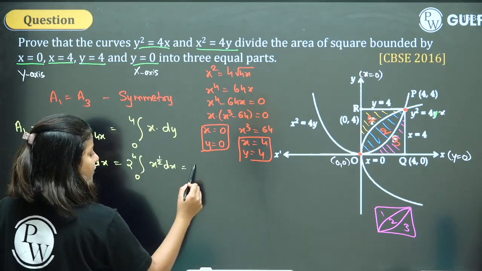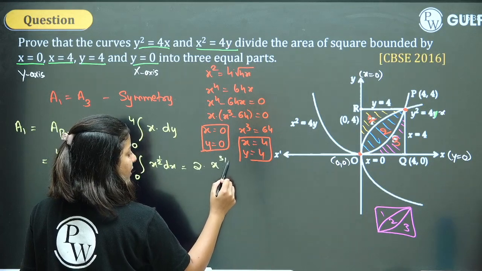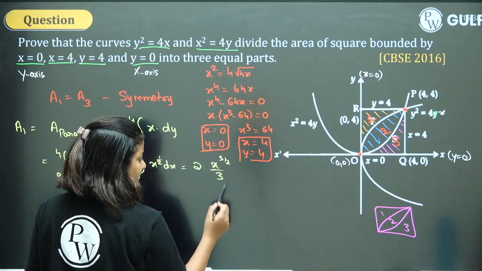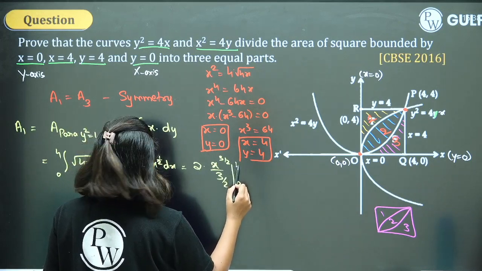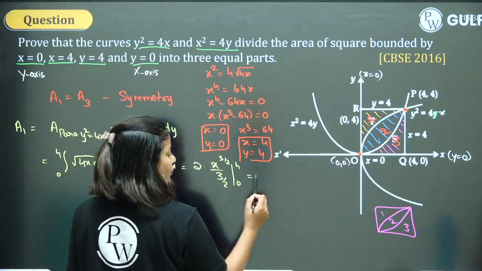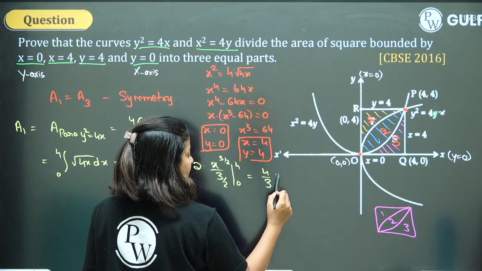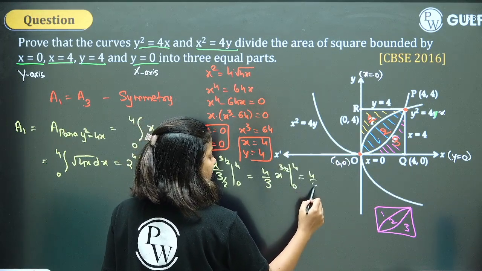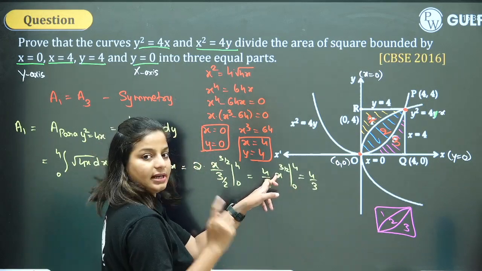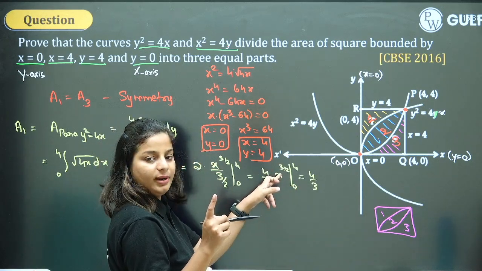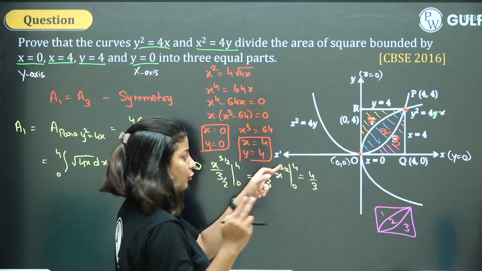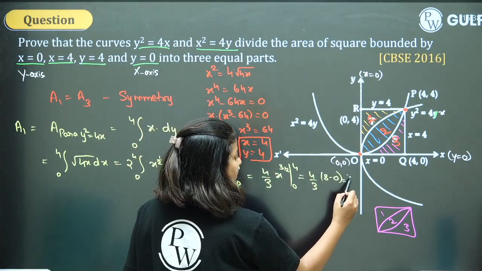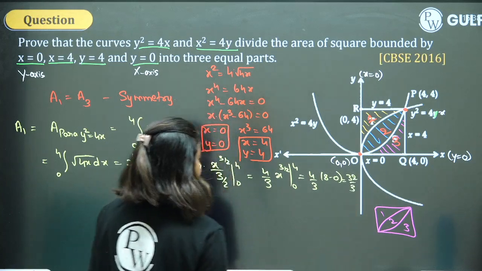And integration of x raised to half is x raised to 3 by 2 upon 3 by 2, which goes up. From 0 to 4, this 2 will go up as 4 by 3, x raised to 3 by 2 from 0 to 4. Put upper limit x as 4. 4 raised to 3 by 2, square root of 4 is 2, 2 cube is 8. Lower limit is 0. 4 times 8 is 32 by 3. आया क्या बच्चों?